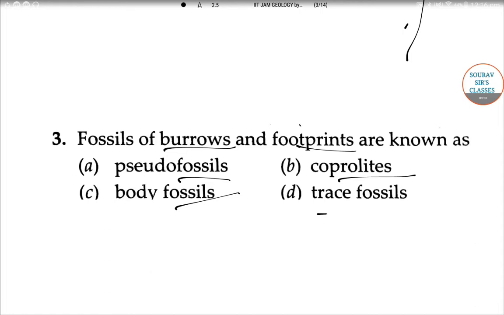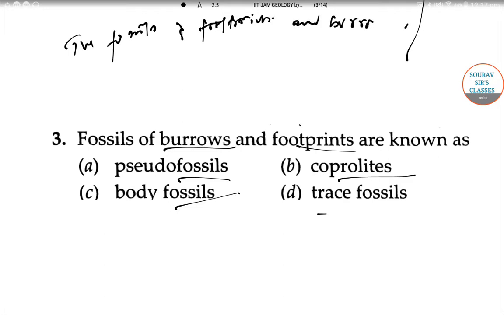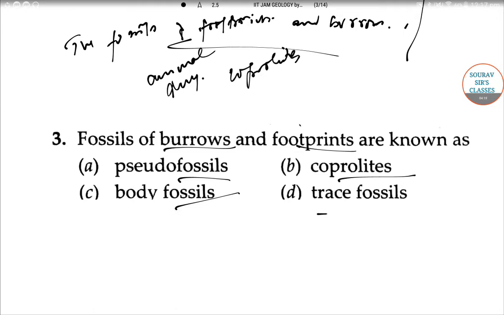The fossils of footprints and burrows, this thing we are talking about, is known as... The animal dung are the coprolites and gastrolites.